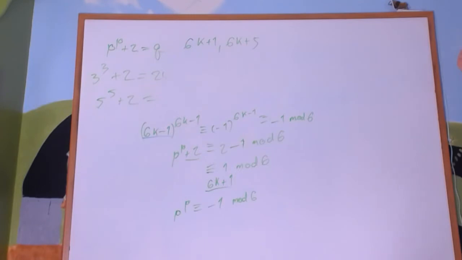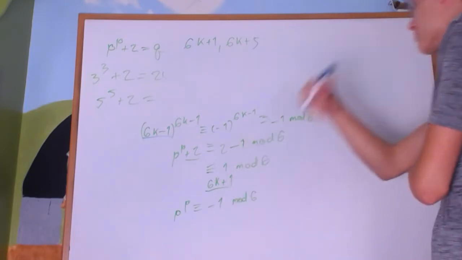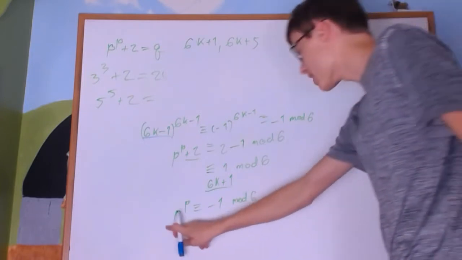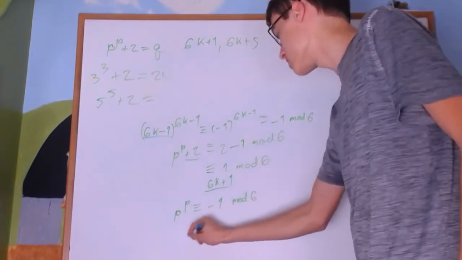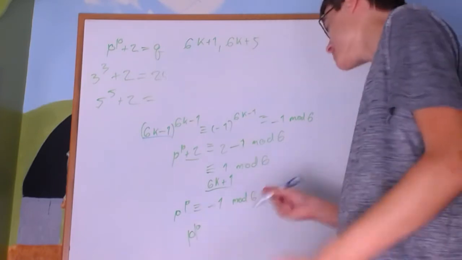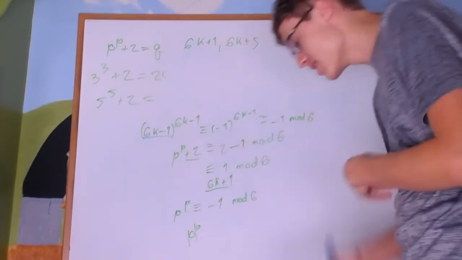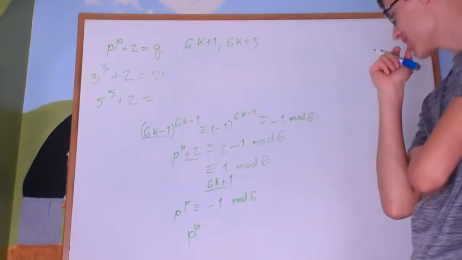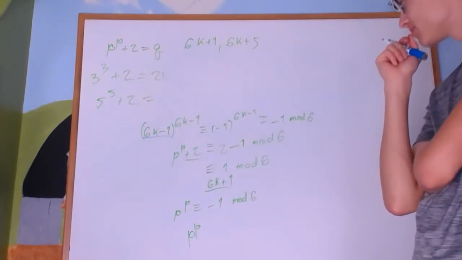So obviously, this one isn't prime, so it's not even related to the twin prime conjecture. But it is sort of related. So this one is obviously not prime because it can be factorized as p to the p. That's factorization. But when you add 2, that throws a wrench in it.